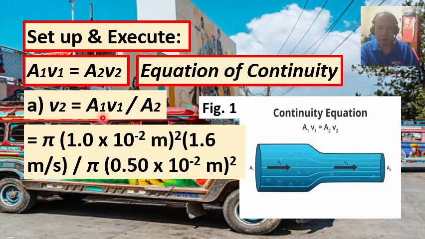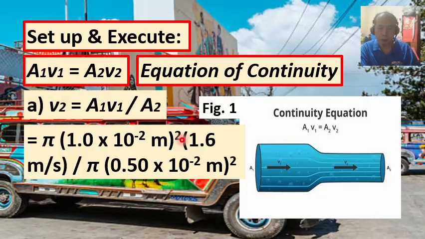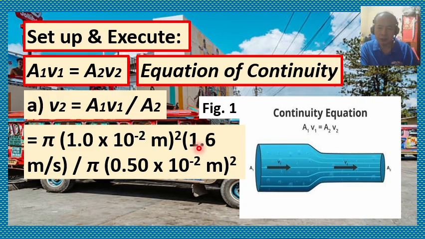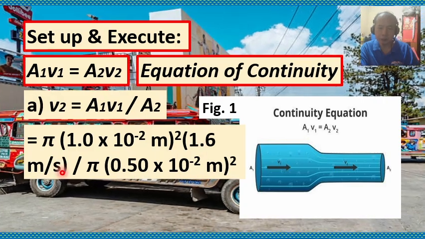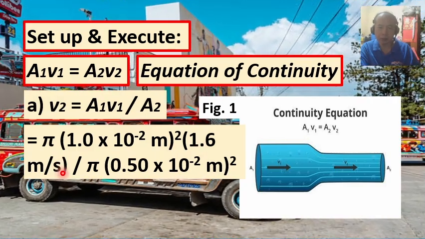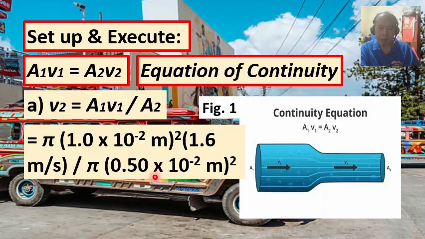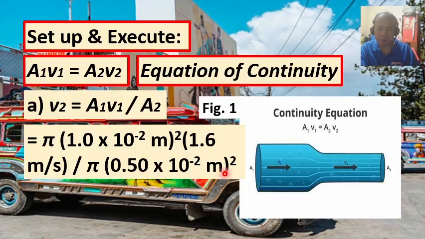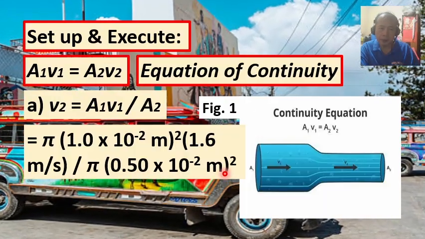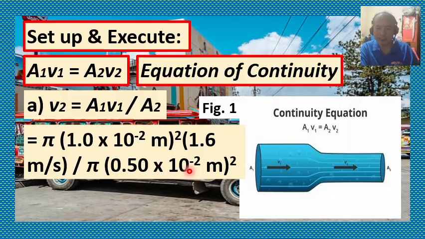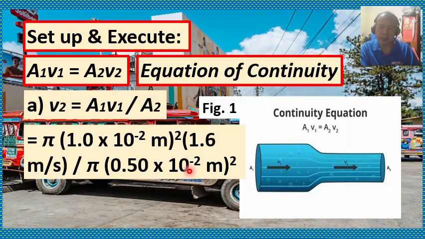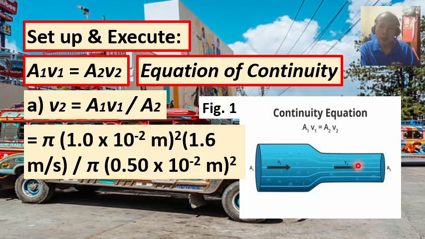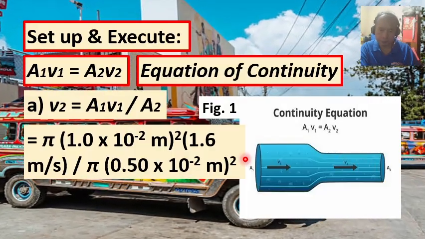And then, based on our working formula, that will also be multiplied by the given value of V sub 1, which is 1.6 meters per second. And then to be divided by the product of pi and the square of r2, where r2 is the corresponding radius of the smaller pipe, right?